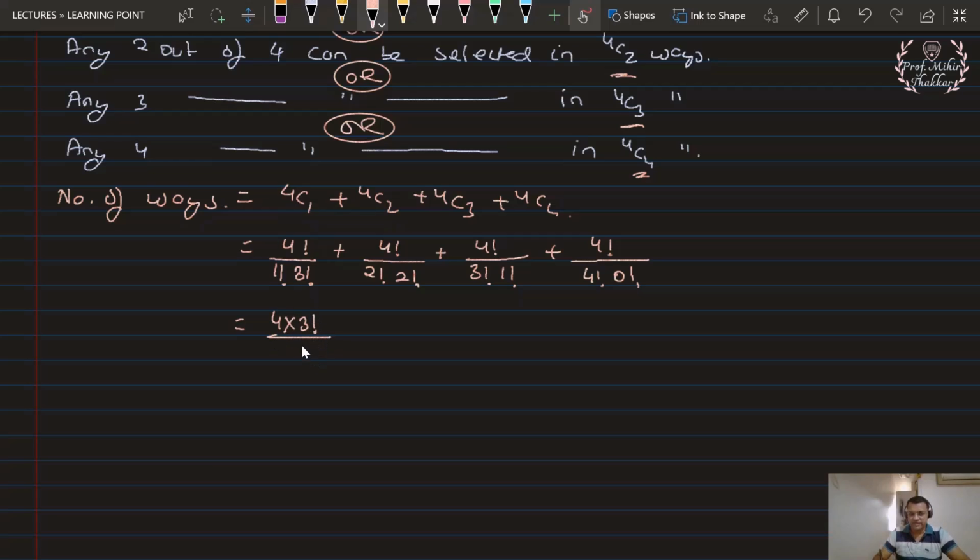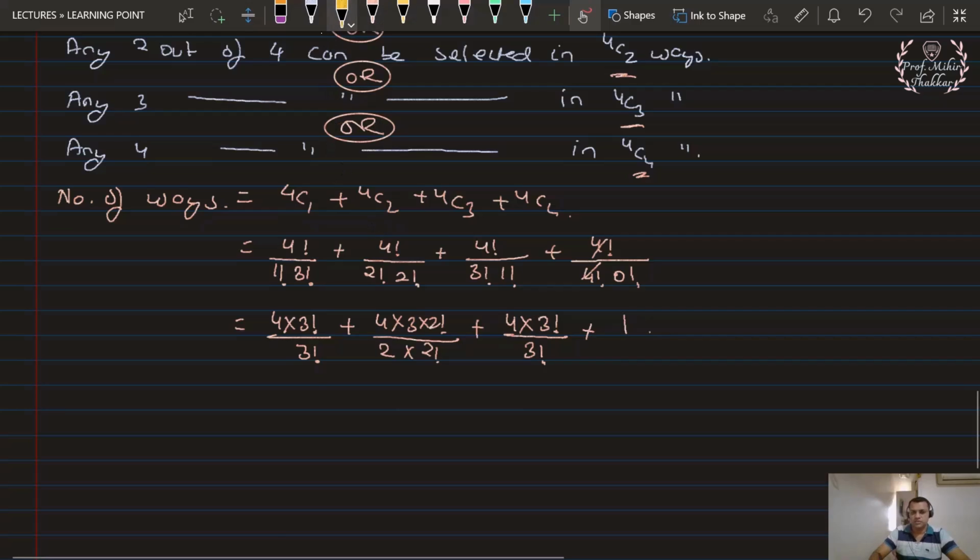So on simplifying this, it will be equal to 4 into 3 factorial upon 3 factorial, plus 4 into 3 into 2 factorial upon 2 factorial 2 factorial. So one of the 2 factorials can be cancelled off and the other one can be just written as 2 because 2 into 1 is 2. Once again over here 4 into 3 factorial, and here they both get cancelled, so this is directly equal to 1. So cancel off these values.